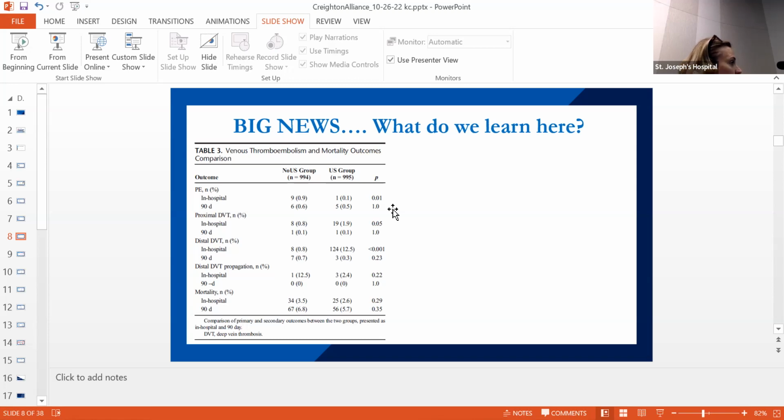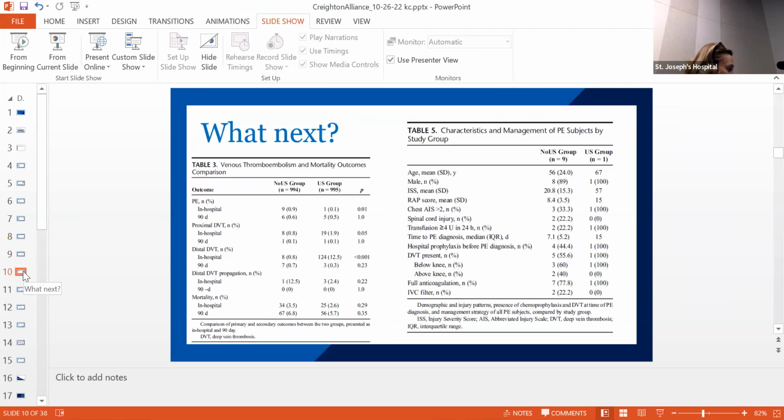So that's the higher group. So the direction switched, right? So for DVT, we had more in the ultrasound group. For PE, we had more in the no ultrasound group. Almost like if you go looking, you're going to find them, but then the PEs are actually lower. Talk about that.